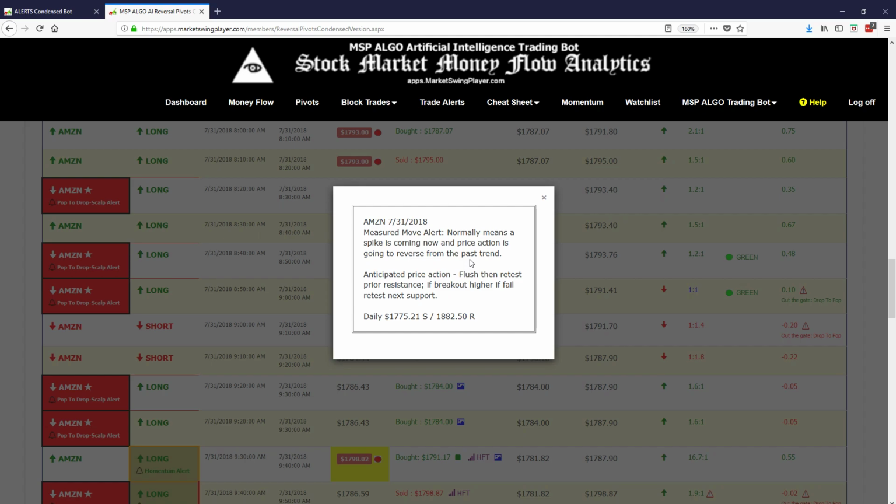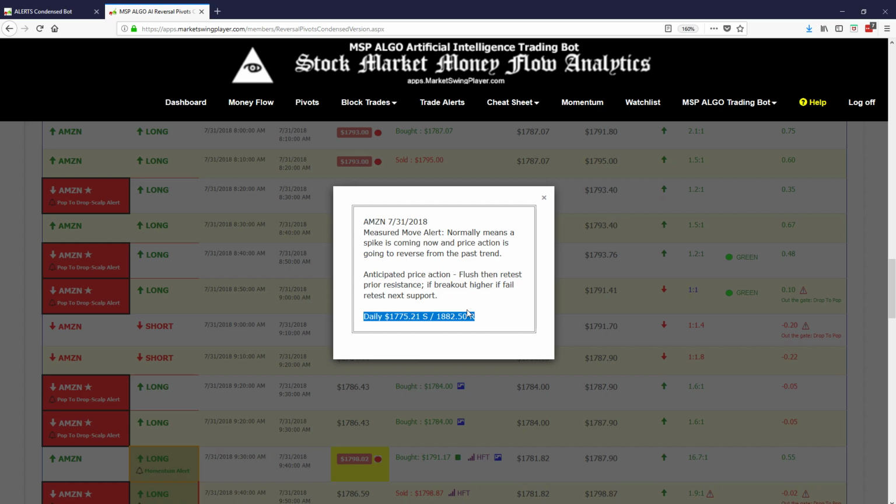Sometimes it may be a continuation of a prior measured move alert, and we'll look at that any minute now. So it says the anticipated price action: flush, then retest prior resistance. If it breaks out, it's going to go higher, and if it fails, it's going to go lower, and it's telling us what the daily support and resistance levels are.